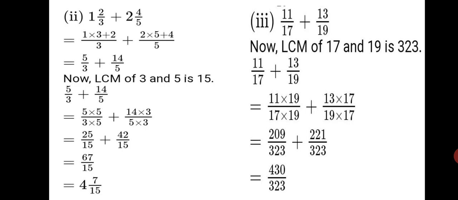Add the numerators and denominator, keep the same. So 209 plus 221, we got 430 upon 323. This is not further divisible, so this is our final answer.